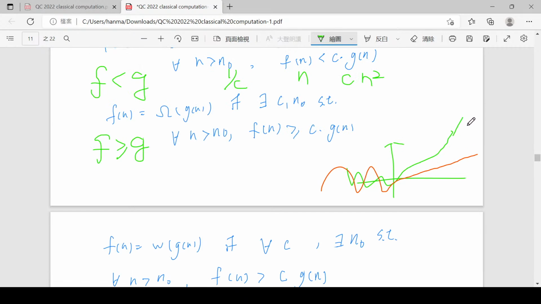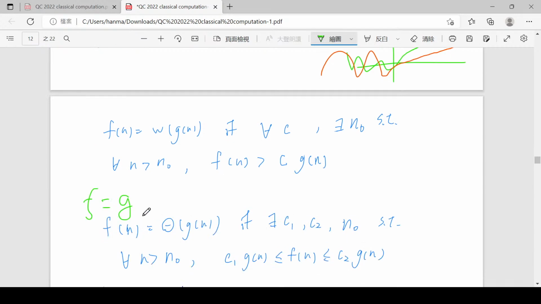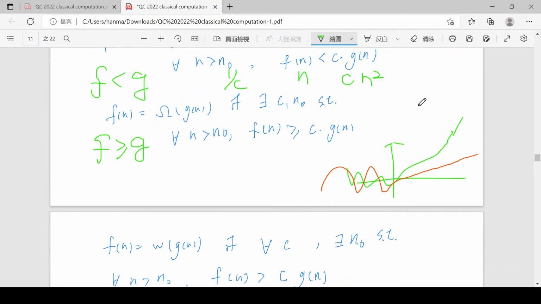So this is kind of a description of F equal to theta of G.